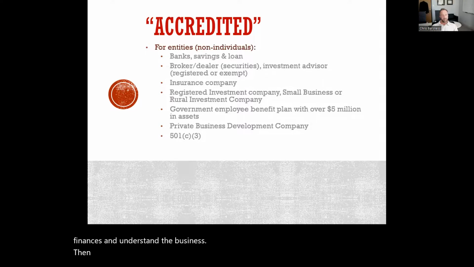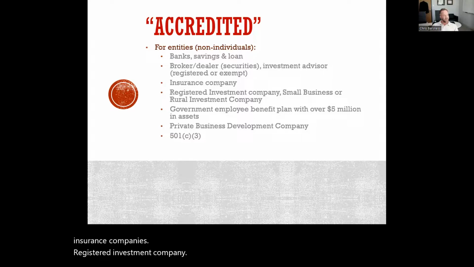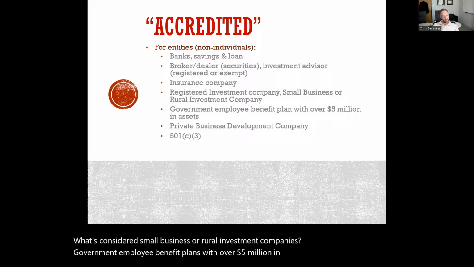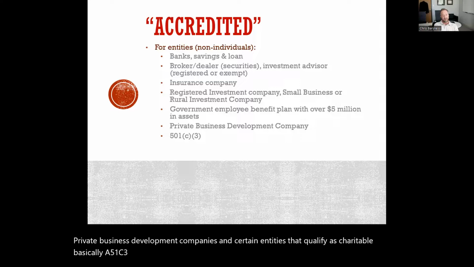Then there's also definitions that apply to individuals or non-individuals. These are entities: banks, savings and loans, broker-dealers, securities brokers and dealers, investment advisors, insurance companies, registered investment companies, what's considered small business or rural investment companies, government employee benefit plans with over $5 million in assets, private business development companies, and certain entities that qualify as charitable, basically a 501(c)(3) entity under the tax code.